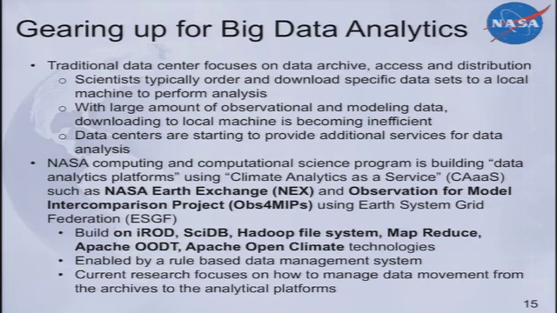Since 2008, we started looking into how do we move forward to our future platform. We set up the program which started to look into the technology and data management system.